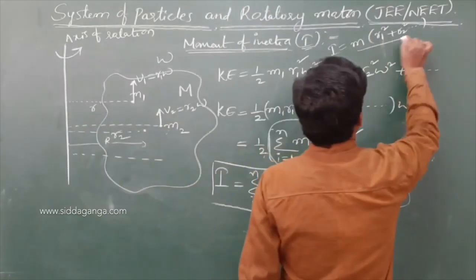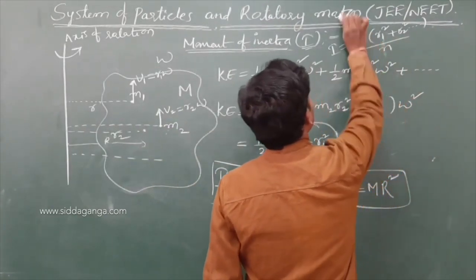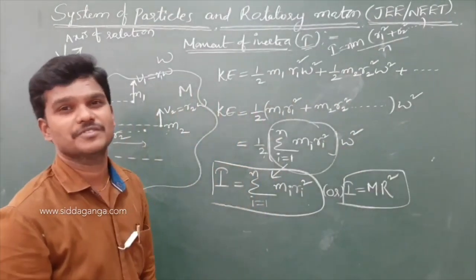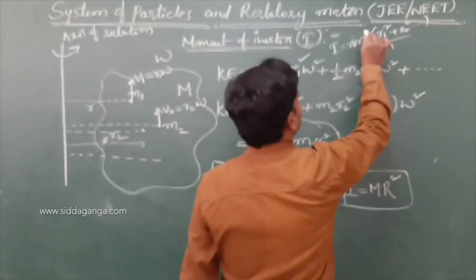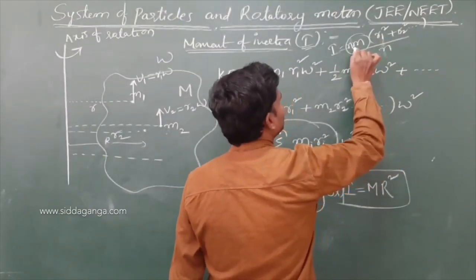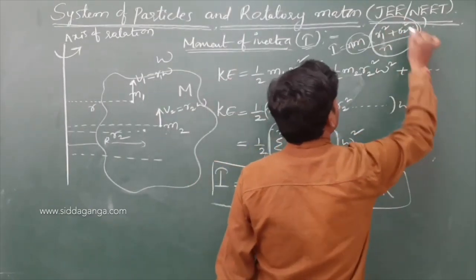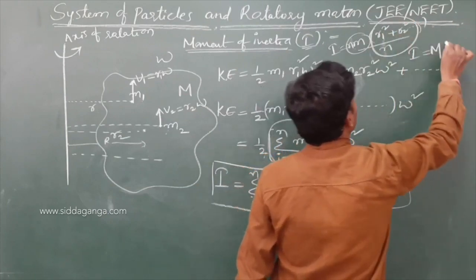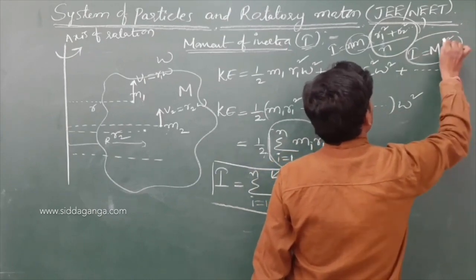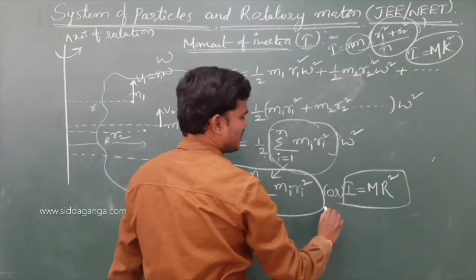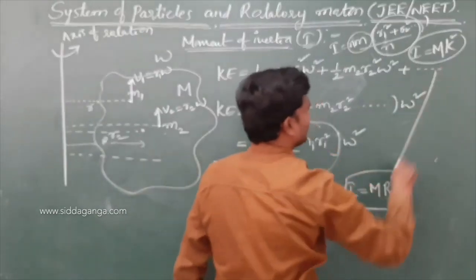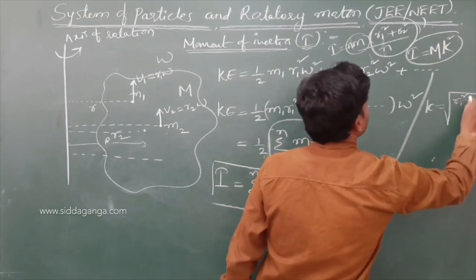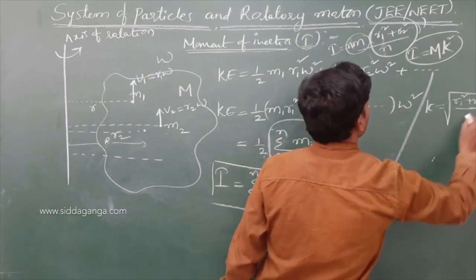And if you multiply and divide by n, then n times m is the total mass of the rigid body. So I equals total mass M times k square, where k is the root of (r1 square plus r2 square, and so on) by n.